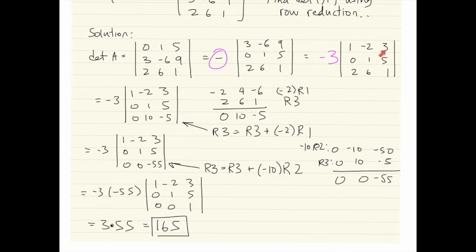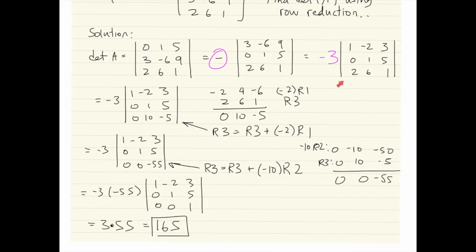If we start with this matrix, and what we're doing is multiplying this row by a 3, then according to our rule, the determinant of this matrix is 3 times the determinant of the matrix we started with. So that's why I'm multiplying by 3. It's a little bit backwards: if you're dividing by 3, the determinant gets multiplied by the scalar you're dividing by.